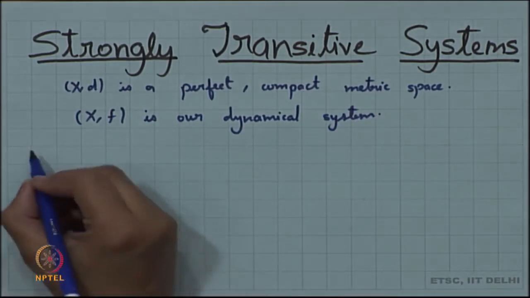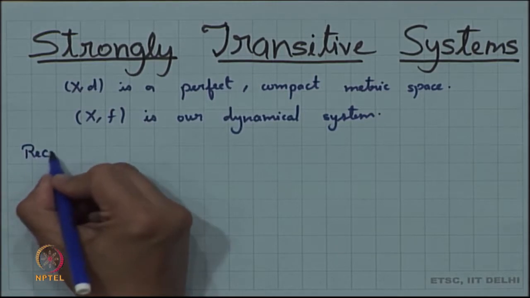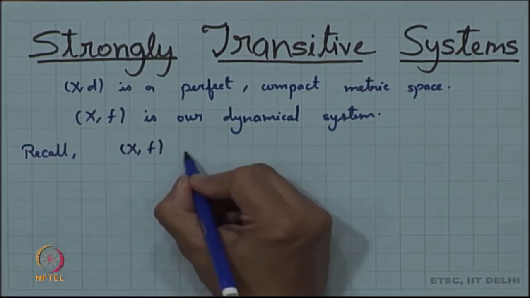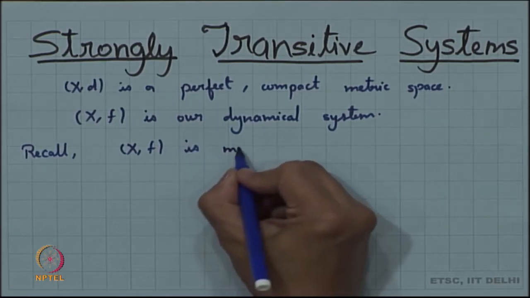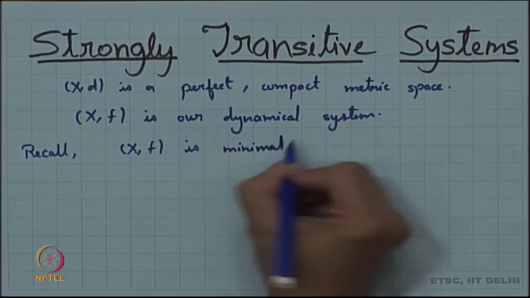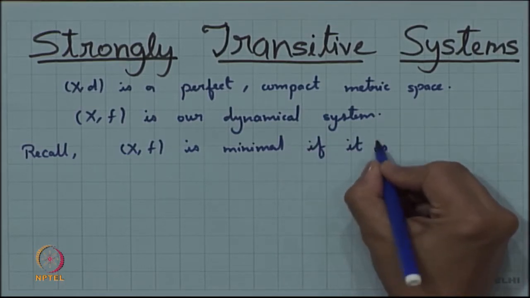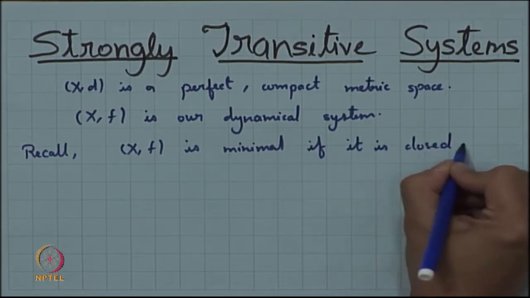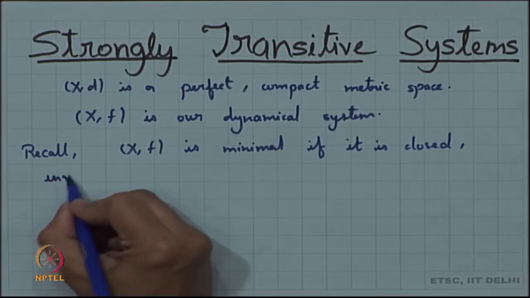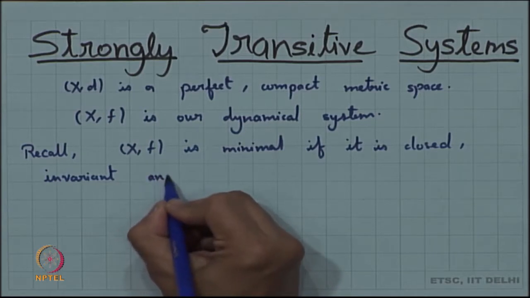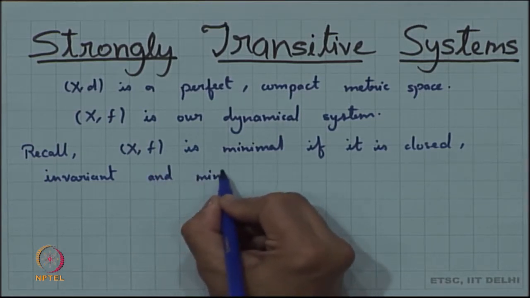Now, we recall that our system (X, f) is minimal if it is closed, invariant, and minimal with respect to this property.